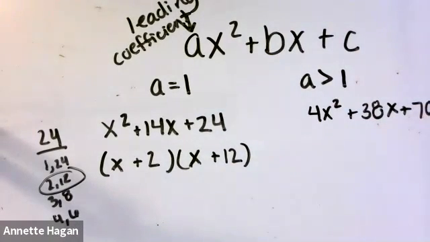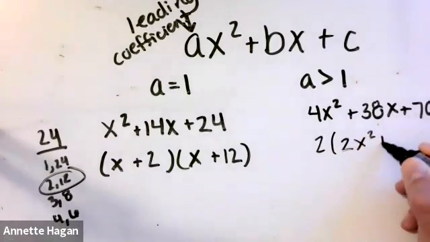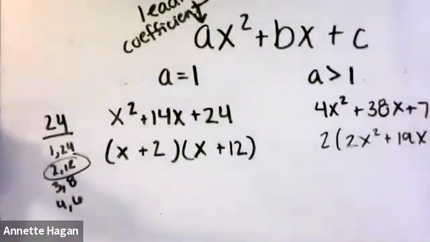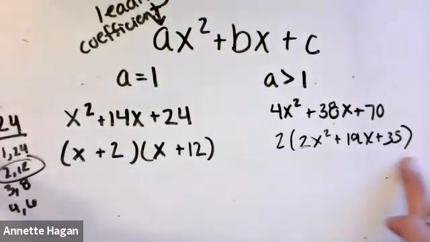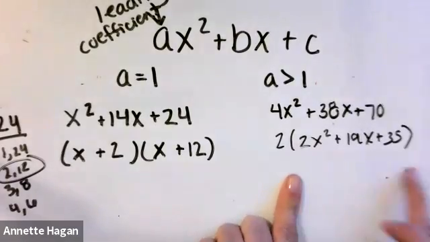In this particular problem, you are first going to have to factor out the GCF. We always see if we can factor out a GCF. Well, 2 comes out of all of these. So I'm left with 2x squared plus 19x plus 35. Now I'm looking not only for factors of 35, I'm also going to consider factors of 2, and this is a lot more complicated of a problem.